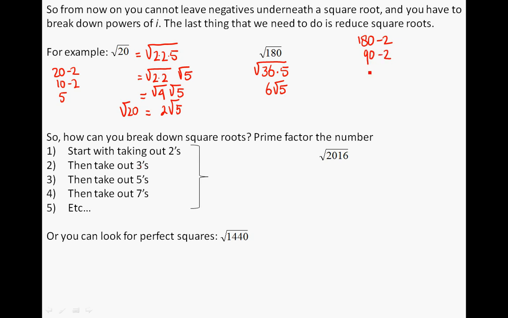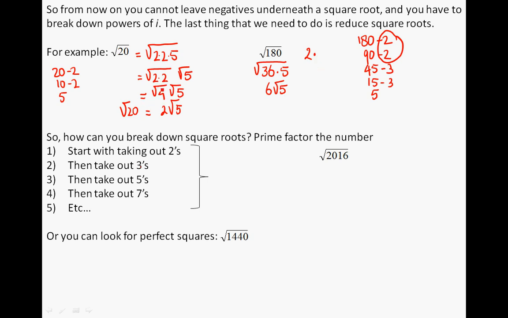But if not, you can just break down the number and keep dividing out by prime numbers until you end up with something like this. Okay? And then you're looking for pairs. Now, what I mean by that is this. These two give me 1 2 on the outside. The reason for that is right here.